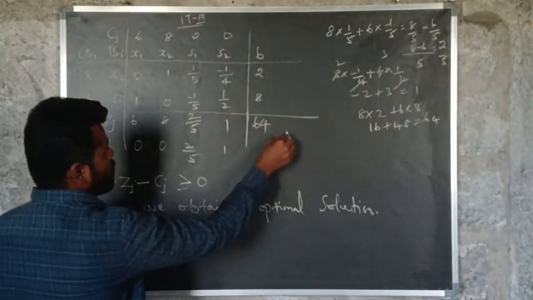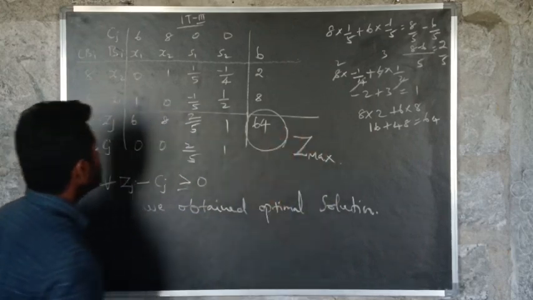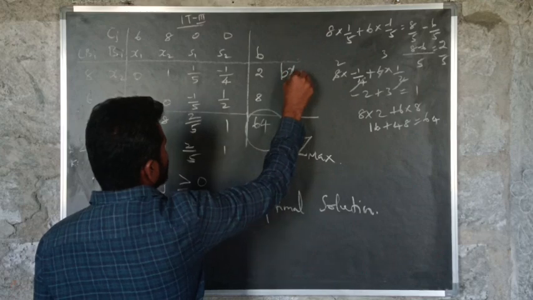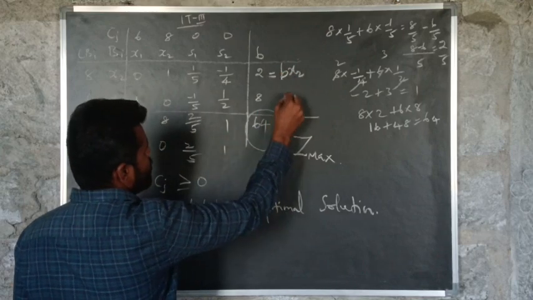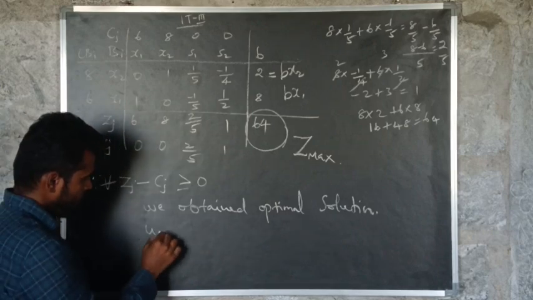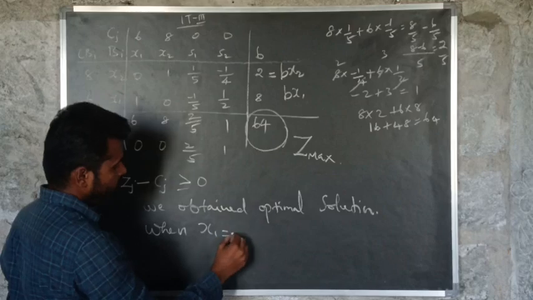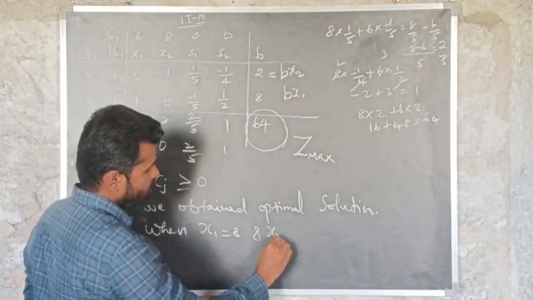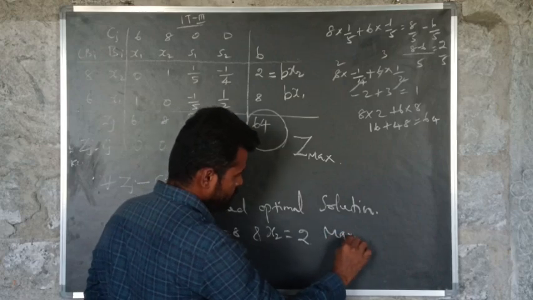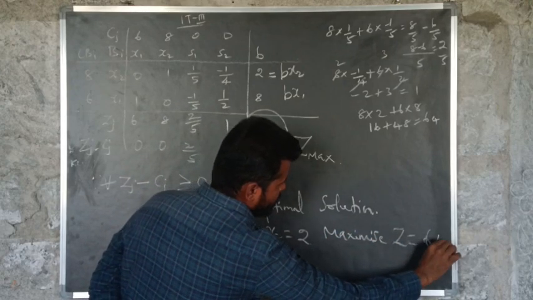This is the quantity, Z maximum when X2 and X1 are basic. We got the optimal solution when X1 is equal to 8 and X2 equal to 2. We got the optimal solution, maximum Z. How much did we get? 64.